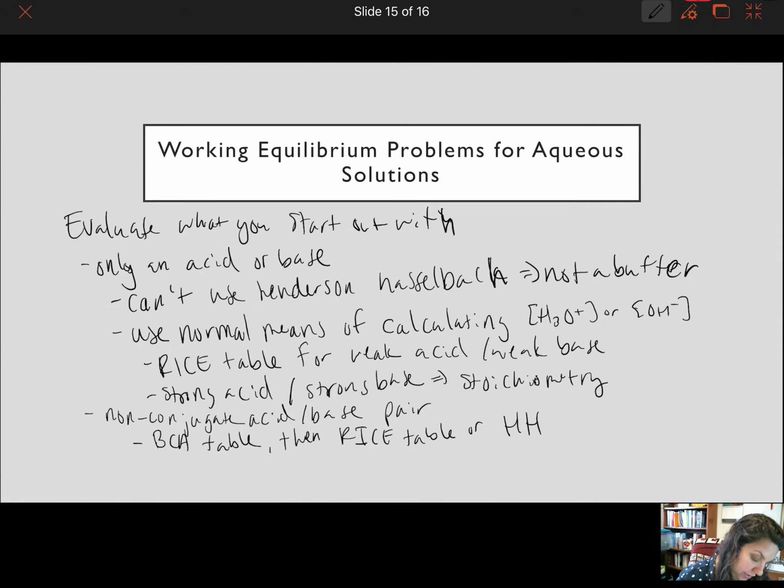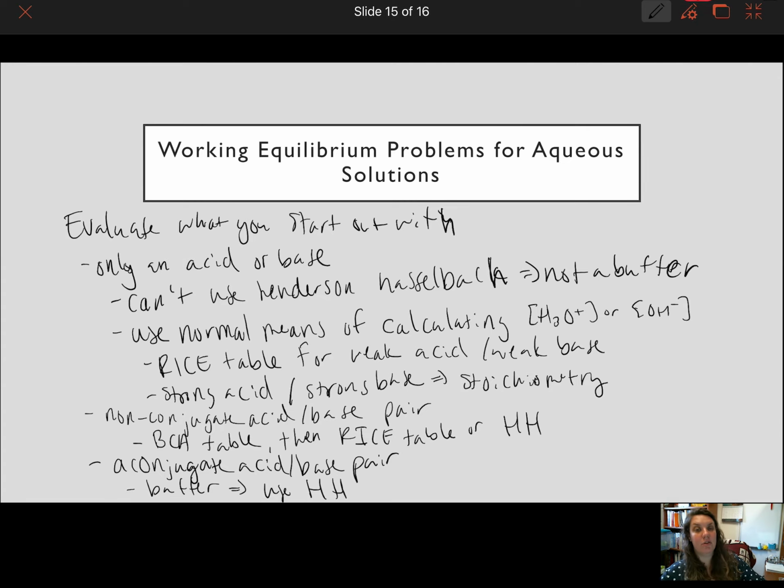If we have a conjugate acid-base pair, this is a buffer, so we use Henderson-Hasselbalch.